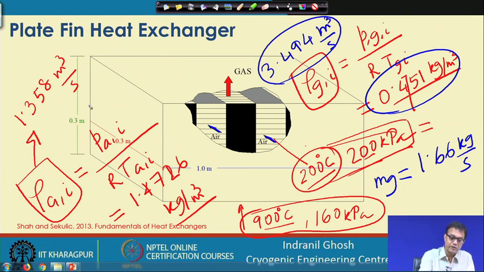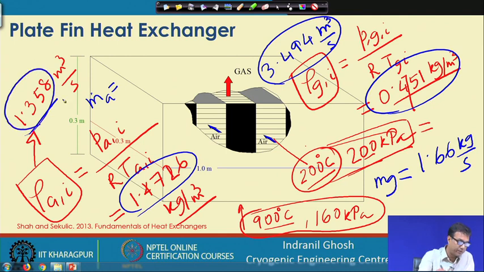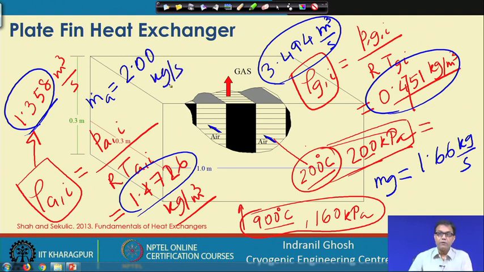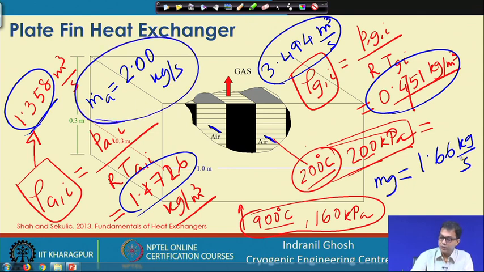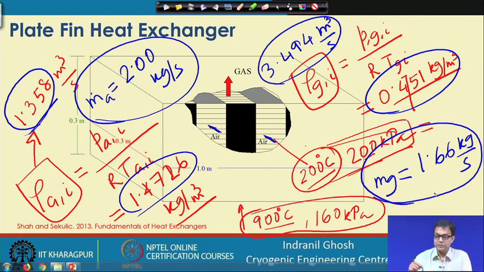Similarly, on this side the mass flow rate of air will be 1.358 multiplied by 1.4726. If we multiply these two parameters, we will find it to be nearly 2 kg per second. So, the mass flow rate of air is more as compared to the mass flow rate of the gas.